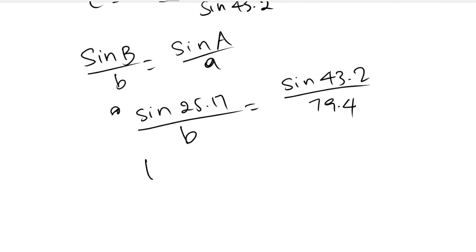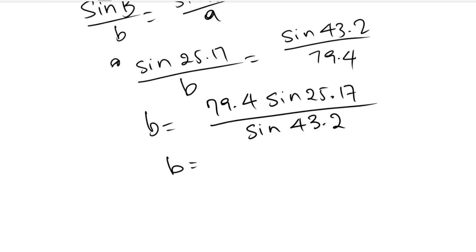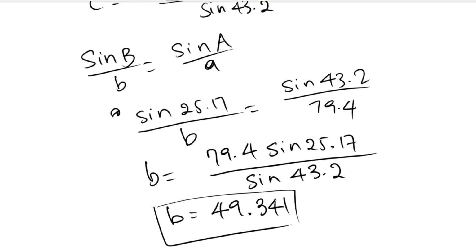So now I have B is equal to 79.4 times sine of 25.17 divided by sine of 43.2. So B will be 49.341.